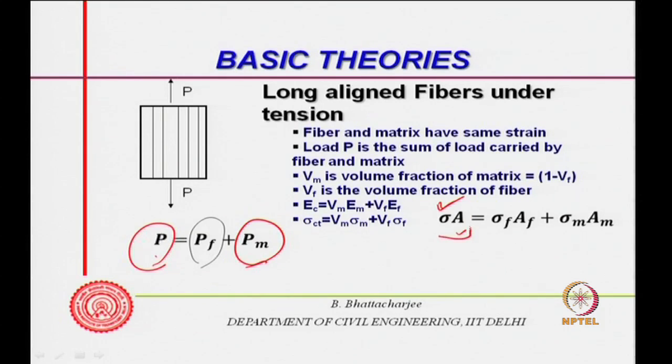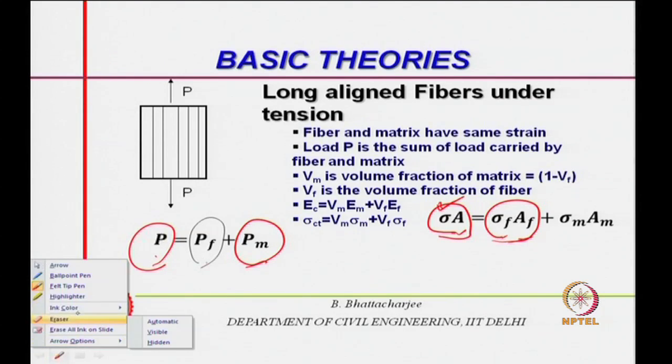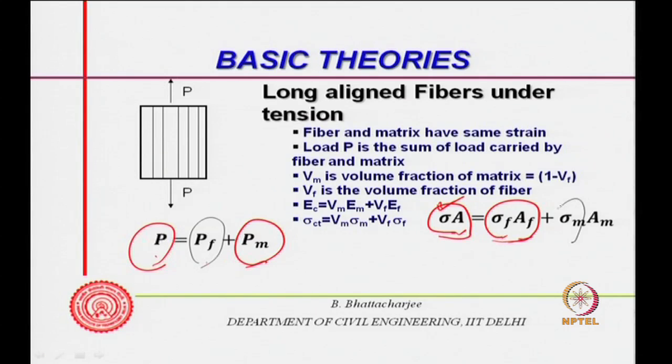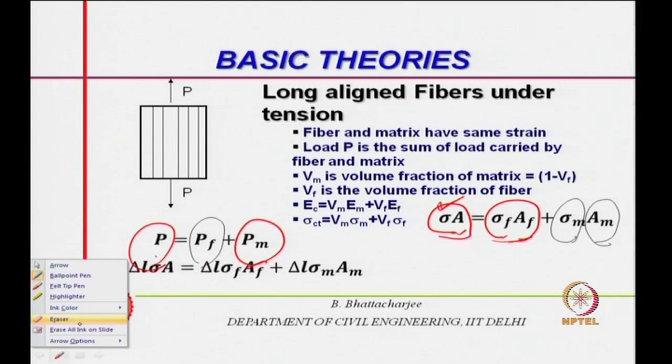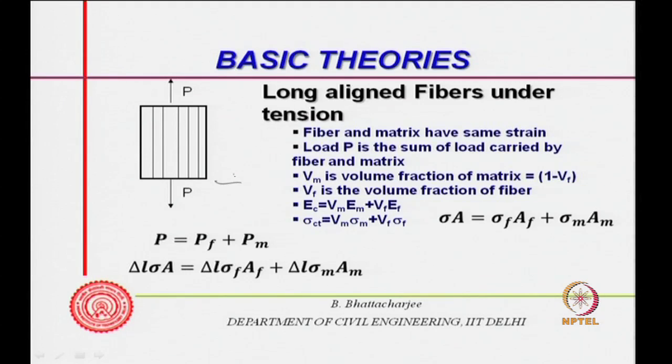So, P can be written as sigma A, and P f is equal to sigma f, the stress in the fiber, and A f is the area fraction of the fiber, and this portion is the stress in the matrix, and this is the area of the matrix. So, I can write it like this: if the length of this element is delta L, let us say this length is delta L.